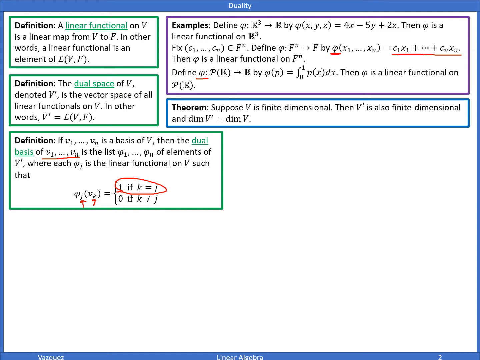Otherwise, we assign it a 0. And that gives us a dual basis. That's how we're defining this dual basis.